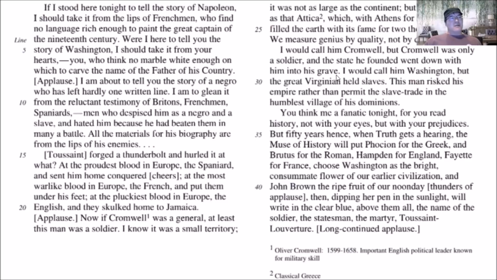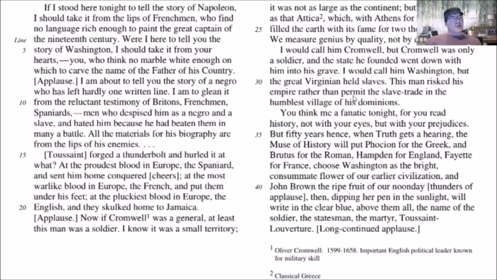Okay, again, more contrasts between great men who have been written about extensively in history and Toussaint, who's been written about almost not at all, and only by those that he defeated. "I would call him Washington, but the great Virginian held slaves."